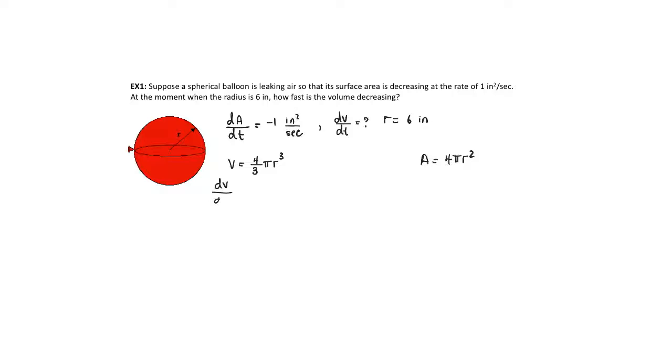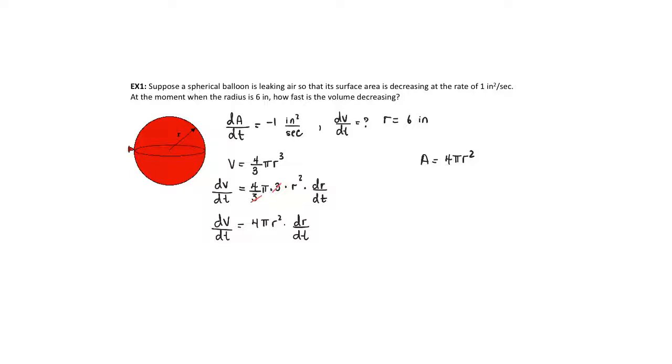dV by dt is going to be equal to 4/3 pi times 3 times r squared. But again, because the radius is changing with time, we're going to multiply that by dr by dt. The 3's are going to cancel out, and I'm going to have that dV by dt is equal to 4 pi r squared times dr by dt.